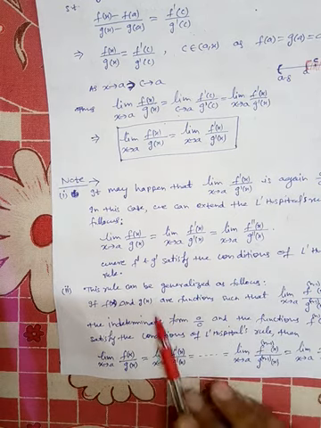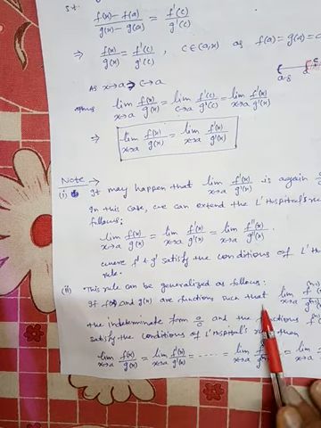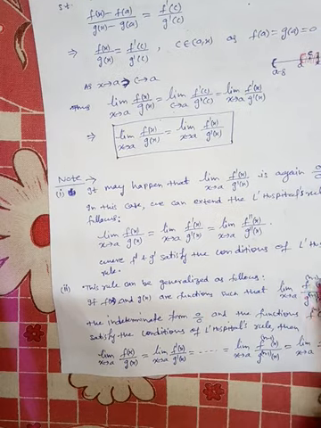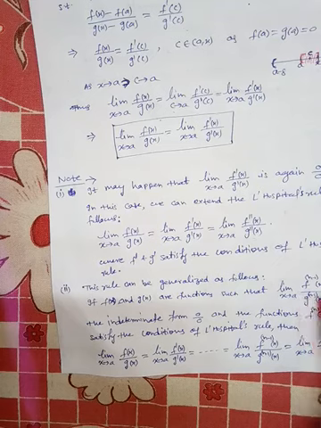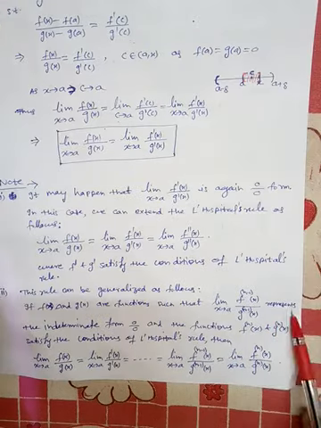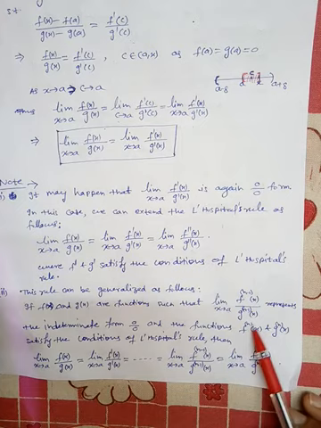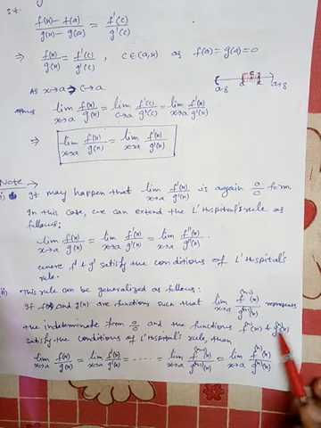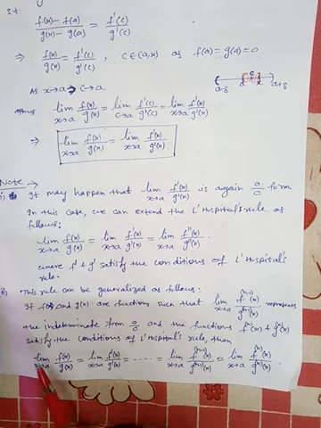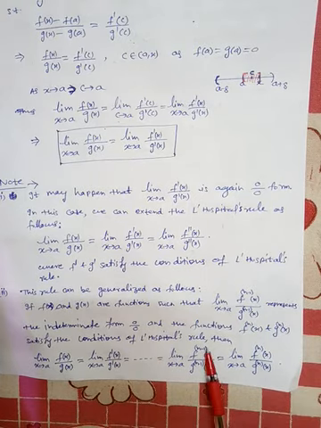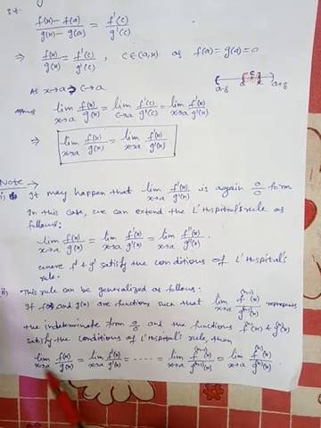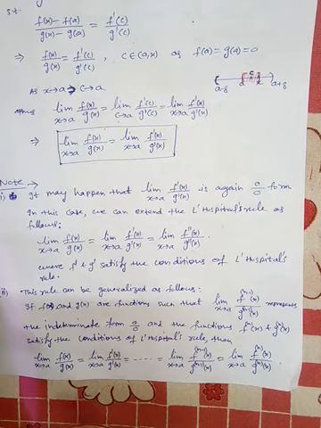If f of x and g of x are functions such that limit x tending to a of the n minus 1th derivative of f divided by the n minus 1th derivative of g represents the indeterminate form 0 by 0, and the nth derivatives of f and g satisfy the conditions of L'Hospital rule, then this is the generalized version of L'Hospital rule.